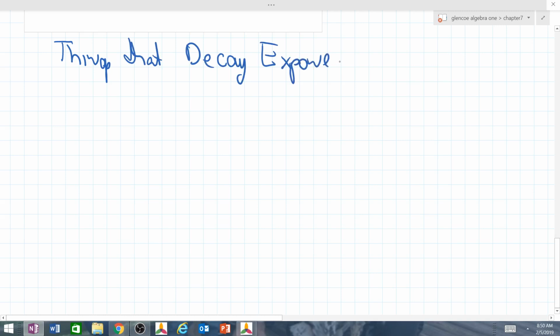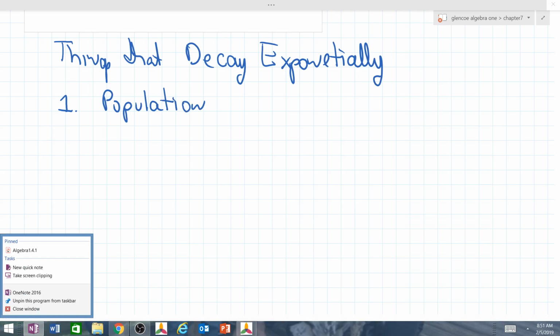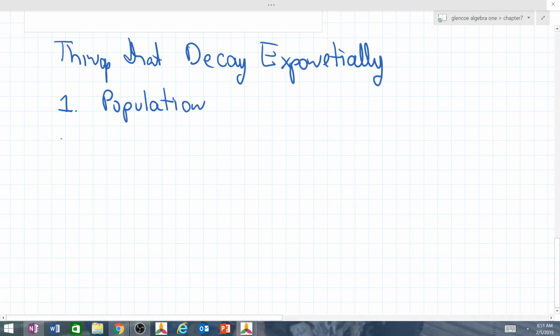What could decay exponentially? Anybody? A population. A population could decay exponentially if there was a major war, if there was a breakout in some type of a disease that could actually wipe out a population. So that's a good one. What else could decay exponentially? Yes. Money, your finances. Stock market crash, bad investment.